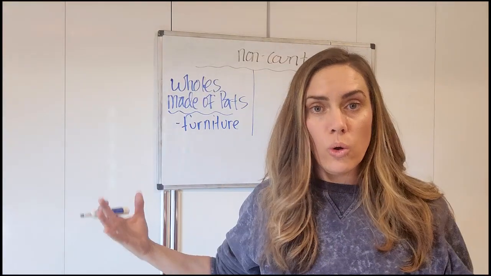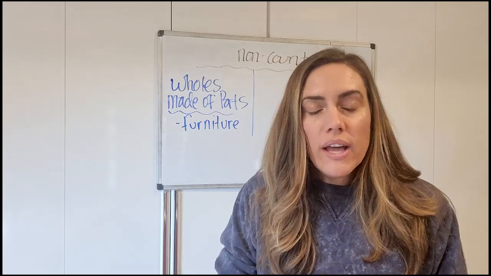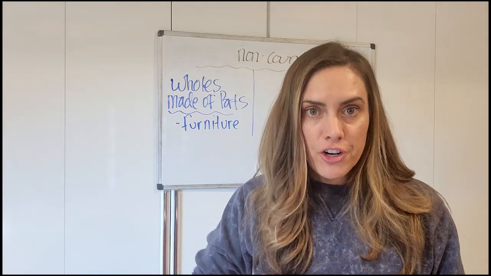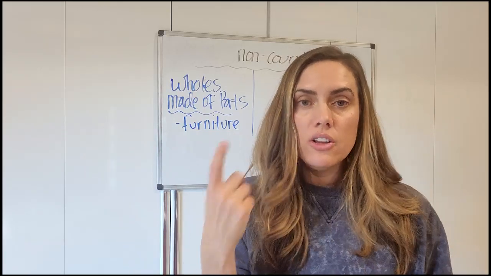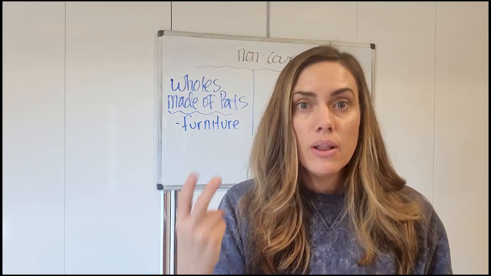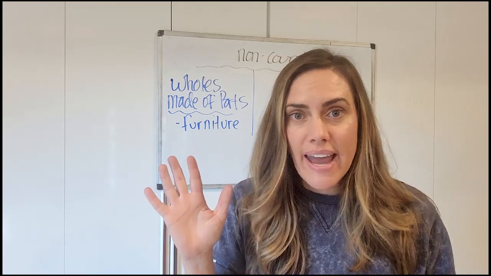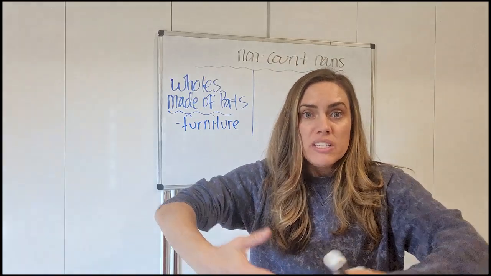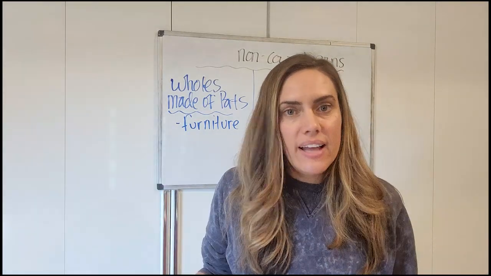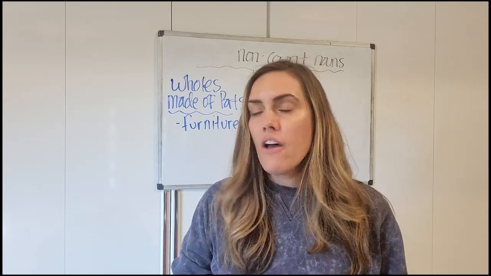Furniture is a whole. It has little parts inside of it. What types of furniture can be part of that group? Chair, table, bed, desk. Those are all count nouns. But furniture is this big group. It's the whole, and you can't count it. You cannot say a furniture or furnitures.